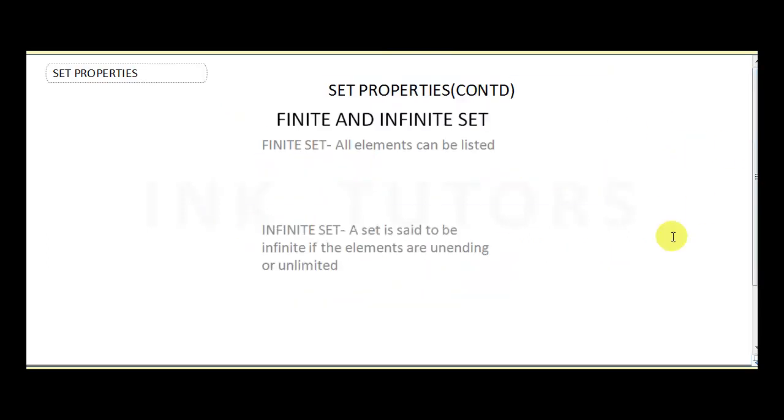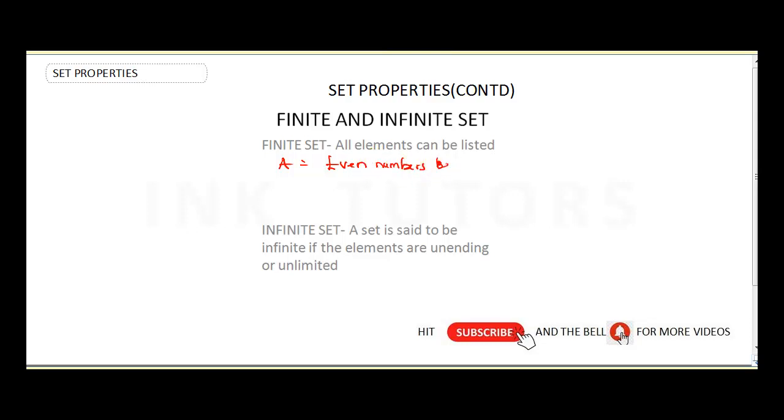Some of the properties we're going to be talking about include the finite and the infinite set. A set is said to be finite if all the elements can be listed. There are sets where you might want to list all the elements and write them down in your book. For instance, let's say A contains even numbers from 0 to 10.